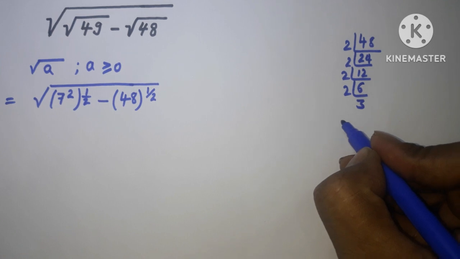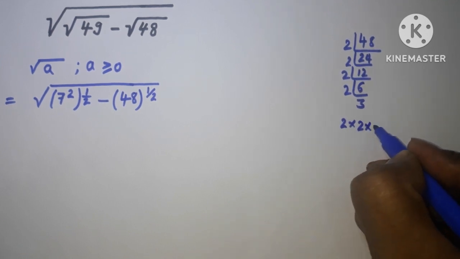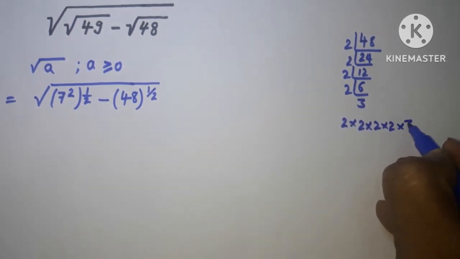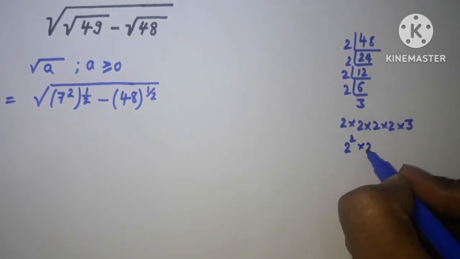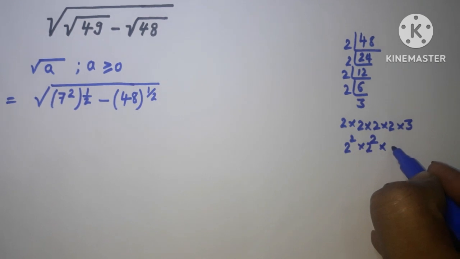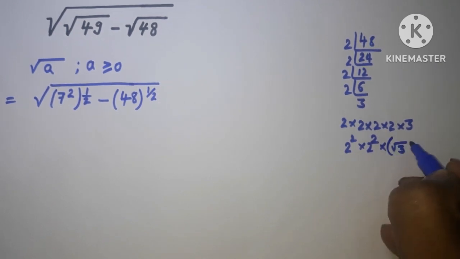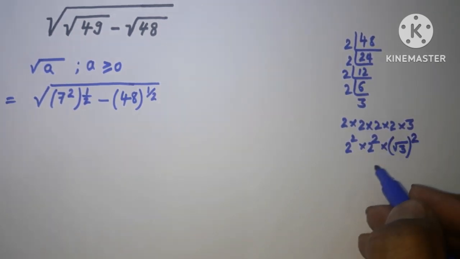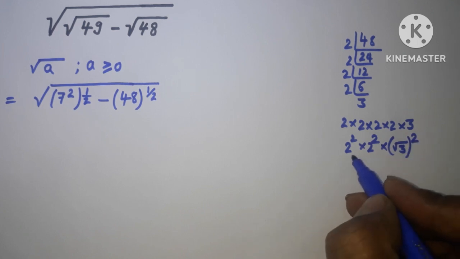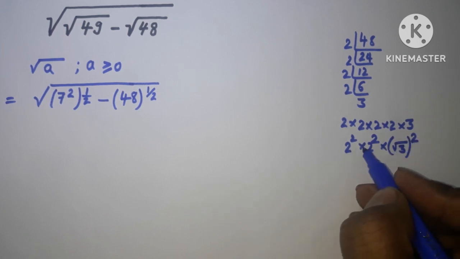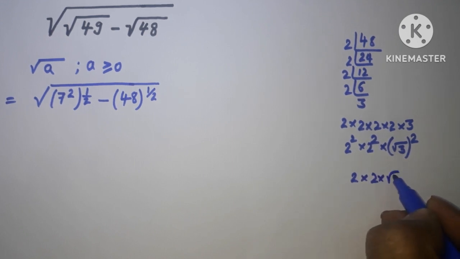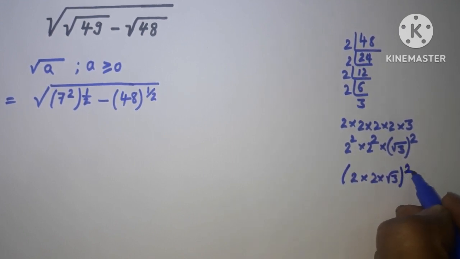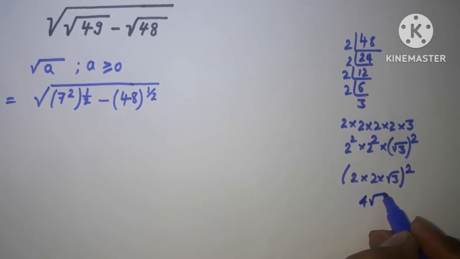This can be written as 2 into 2 into 2 into 2 into 3, and that can also be written as 2 square, and root 3 power 2, square. So here all have power 2, so we can write 2 into 2 root 3, and then we have a square, so it is coming 4 root 3, and we have a square over here.